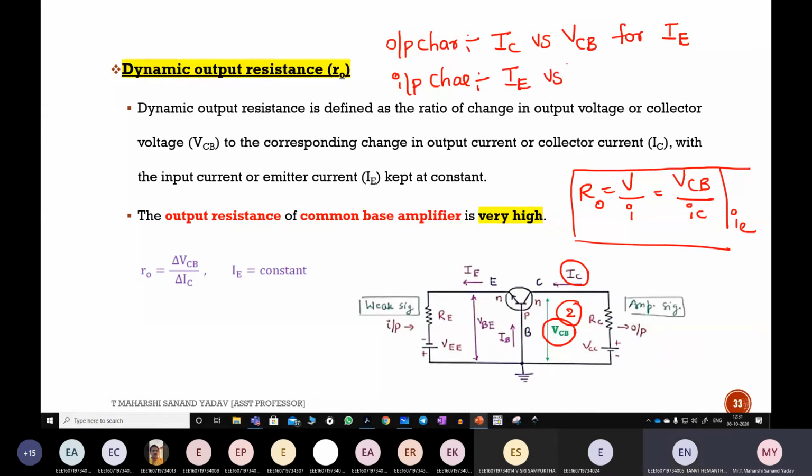IE. Next, the input voltage: VBE, for different values of voltage or current. That's why for output characteristics, IE is constant, and for input characteristics, VCB should be constant.